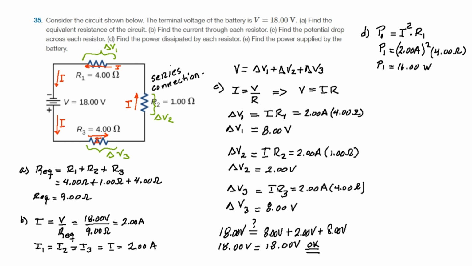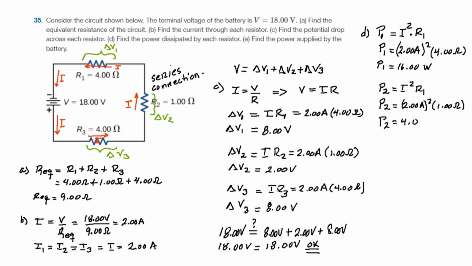Now the power dissipated at resistor 2 is the square of the current times the resistance of resistor 2. So P2 is 2 amperes squared times 1 ohm. 2 squared is 4 times 1, it's going to be 4 watts.